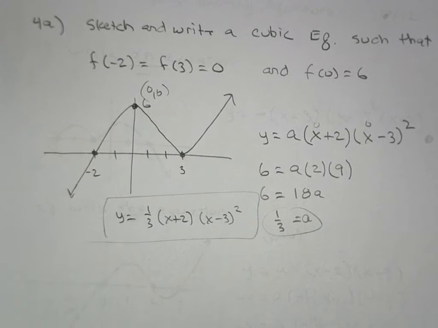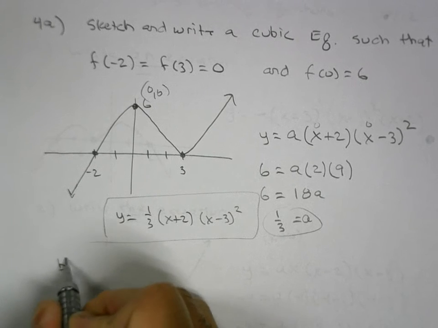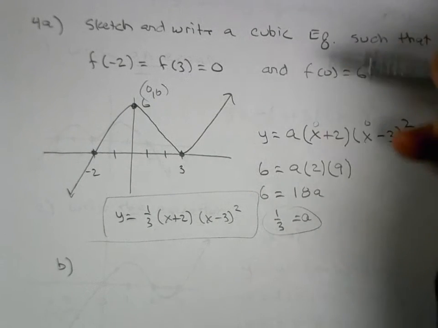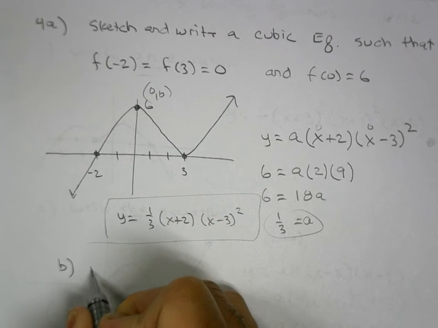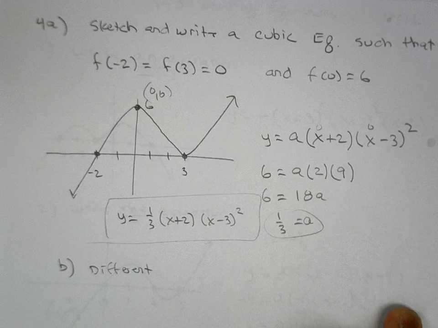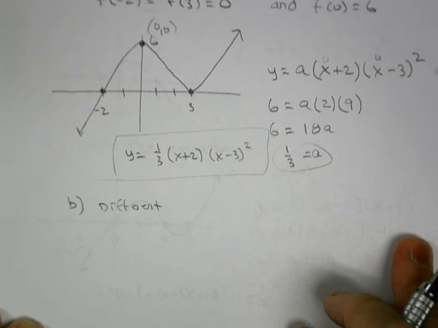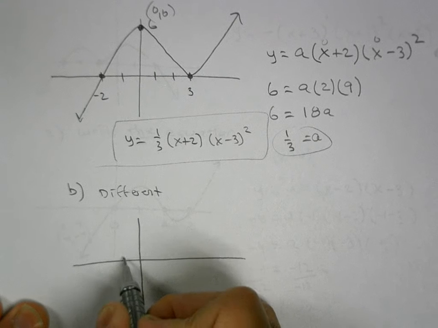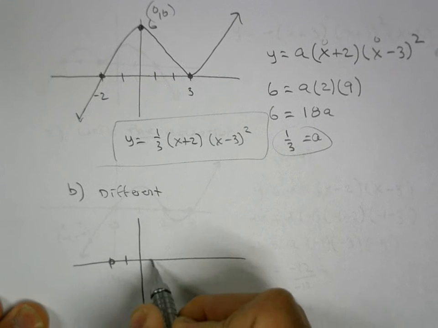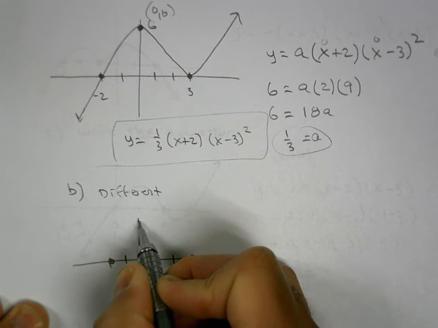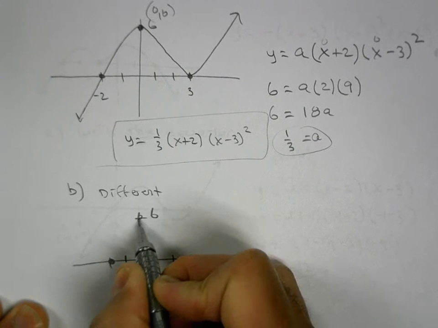What if it asked, so part B, same exact everything. Cubic equation, passes through all that stuff, but graph a different graph and write a different equation. Okay, let's see. Let's sketch this. So -1, -2, and 1, 2, 3. It also goes through 6.